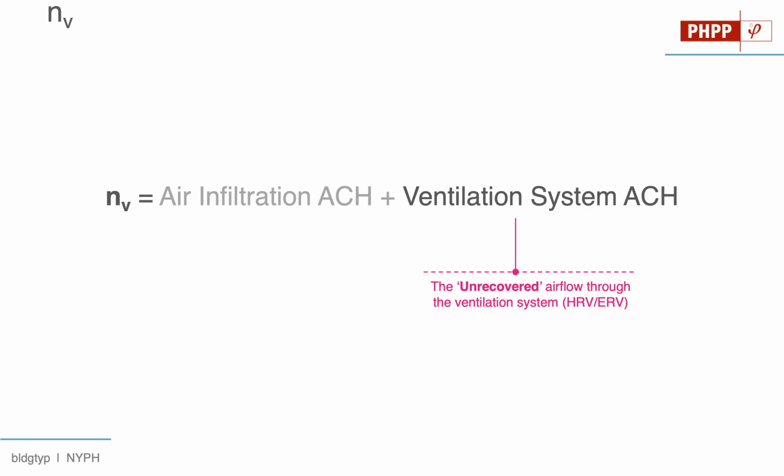For our purposes here, if we're trying to calculate heat loss or energy loss, what we're interested in is the unrecovered airflow through that system, the unrecovered energy that flows through that fresh air ventilation system.